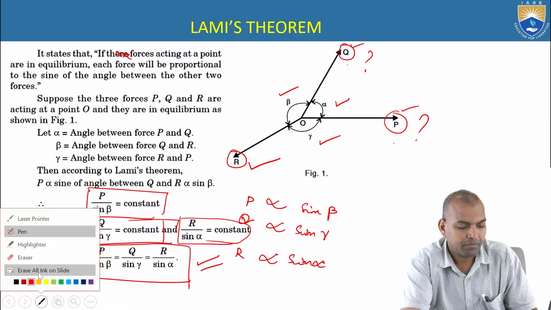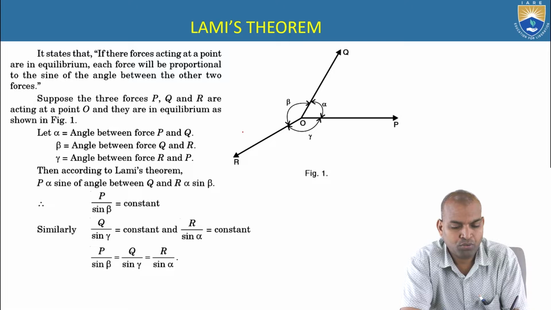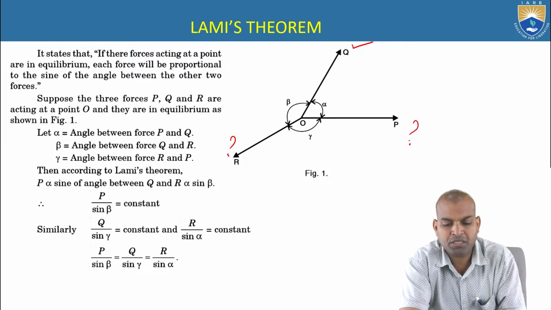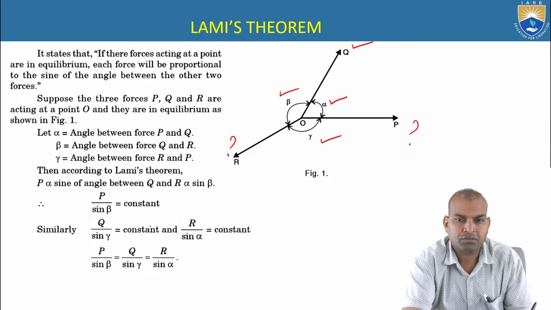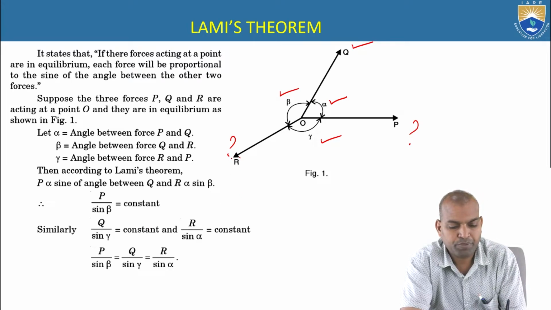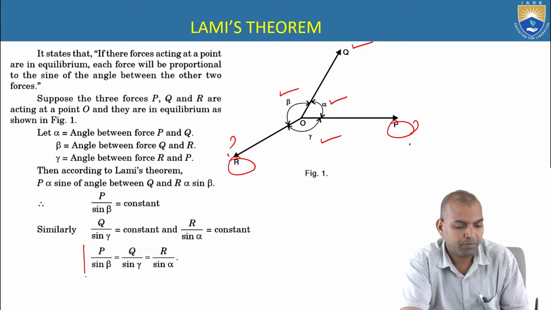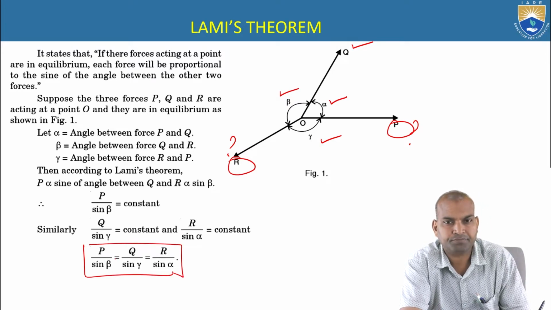Similarly, if the Q force is known, R and P are unknown, but alpha, beta, gamma are known values, then the P force and R force can be calculated by using Lami's theorem.